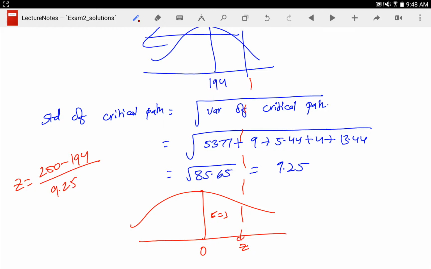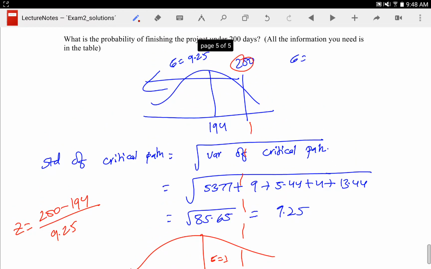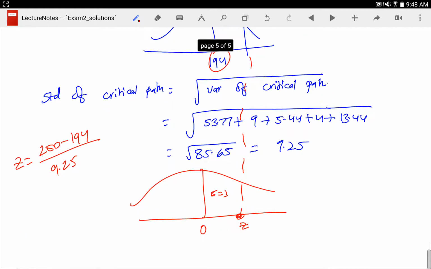All you got to do is 200 minus 194 divided by this standard deviation. It comes out to be Z of about 0.6486, and if you look at the Z table, it is about 74%. Okay, so that's all there is. So the probability of finishing the project within 200 days is 74%.